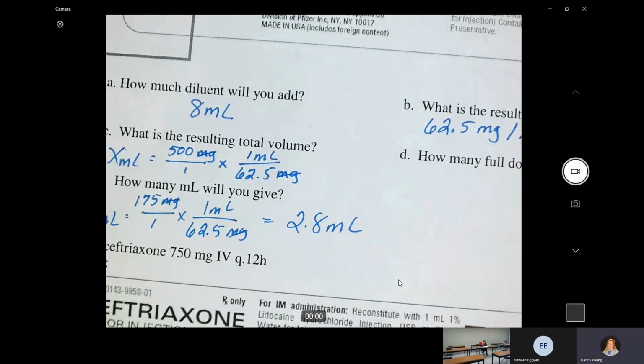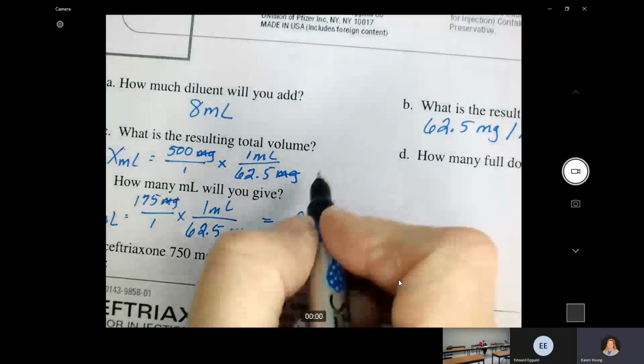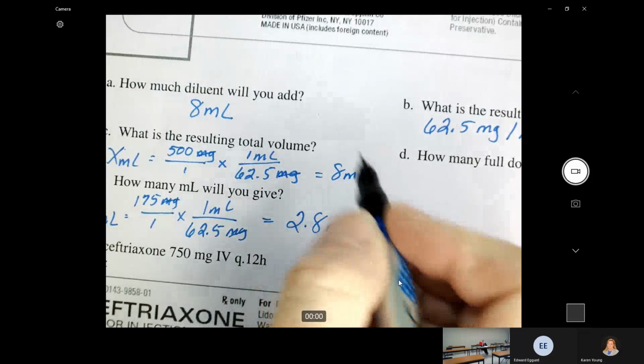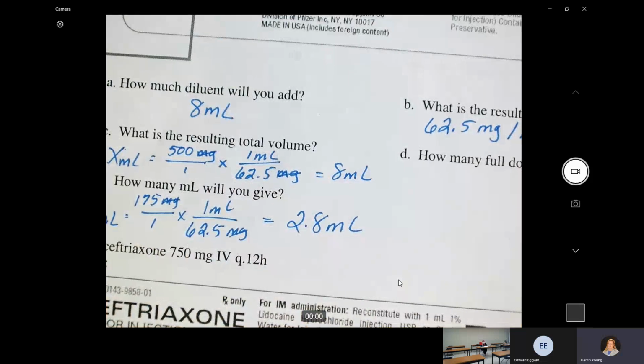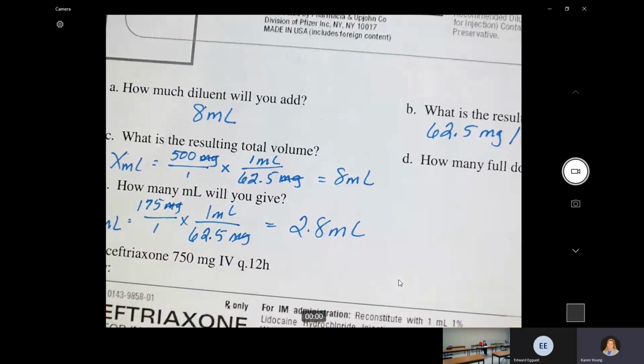So if I take 500 divided by 62.5, I get 8 milliliters. Generally, when you add anything over 5 milliliters, it's going to dissolve it completely. It's not just going to make it thicken, but it'll make it more liquid. And the same amount of milliliters that you added will be your total volume. Okay? There's rare cases when it's not.